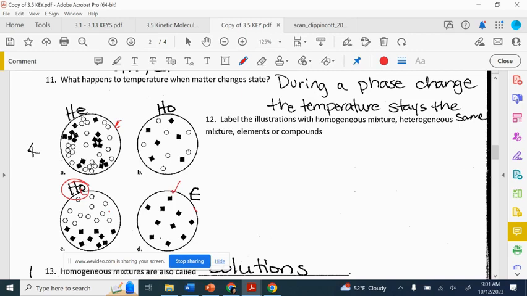It's even throughout. This, I would say, is heterogeneous because it's got two different layers. Okay. So I think, again, that there was an issue with that. Wait, so the first one, A, is also heterogeneous? Yep, these are both hetero. Right. This one because it has different size particles, and this one because it has two different layers.